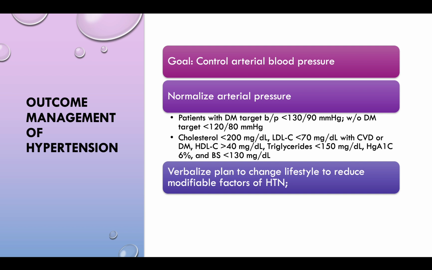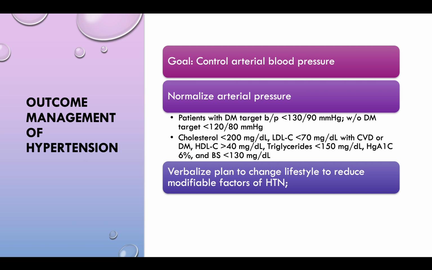We want to make sure that we are keeping an eye on cholesterol levels, atherosclerosis, arteriosclerosis, that plaque buildup and stiffening of the blood vessels. We want to keep our total cholesterol numbers under 200. Now, total cholesterol is comprised of both LDL and HDL. So LDL is the bad cholesterol, and HDL is the good cholesterol.